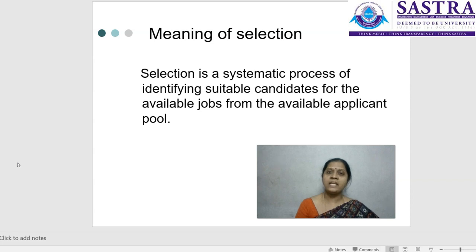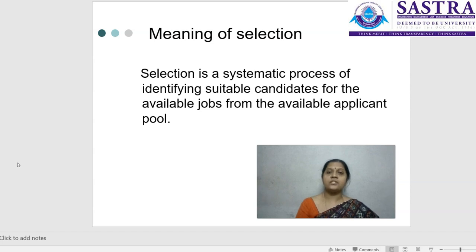That is the main intention of the selection process. So here is the definition of selection. Selection is a systematic process of identifying suitable candidates for the available jobs from the available applicant pool. So this is what selection is.